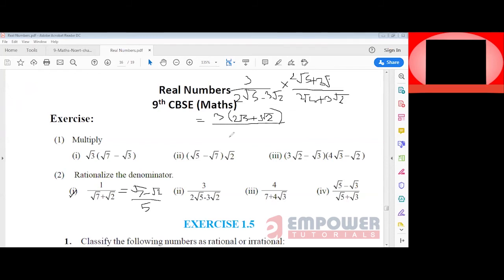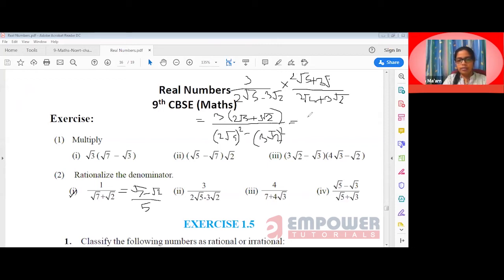Okay, what next? So this will be 2 root 5 square, right? Yes. Minus what? 3 root 2 square. Very good. So the answer of this will be equal to 6 root 5 plus 9 root 2.